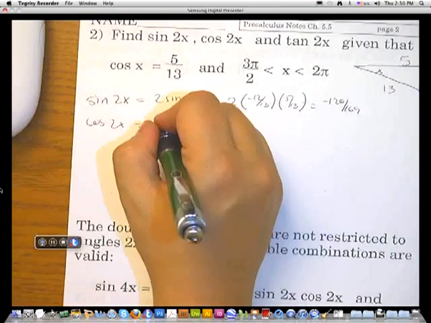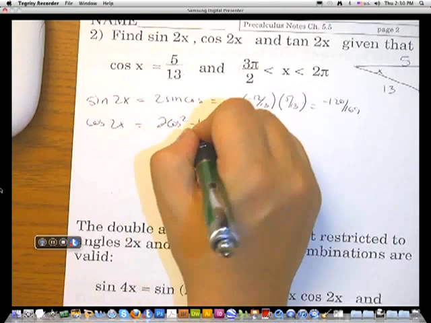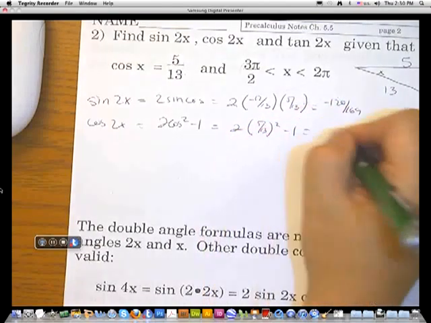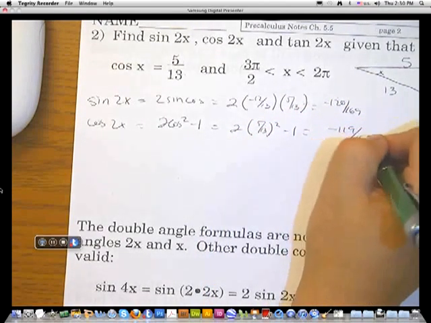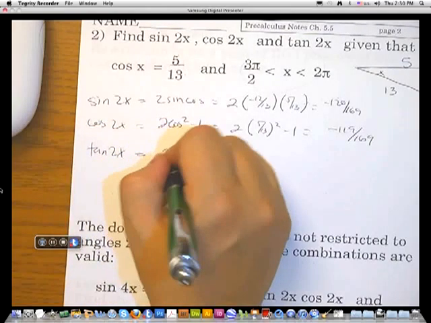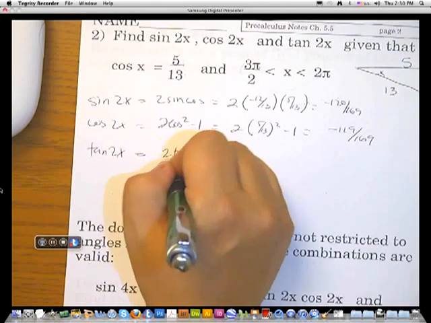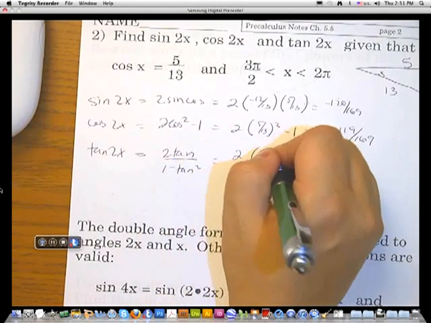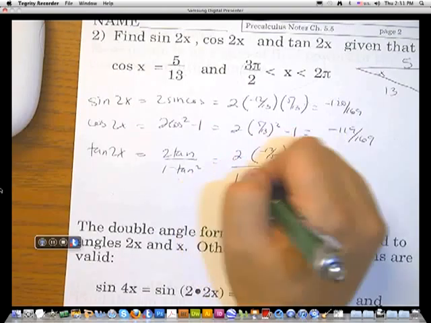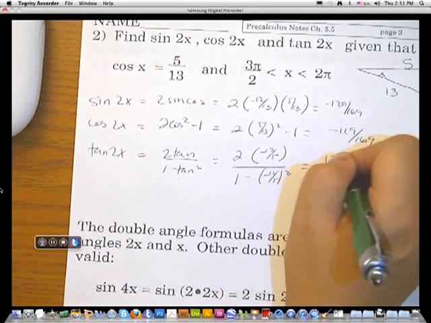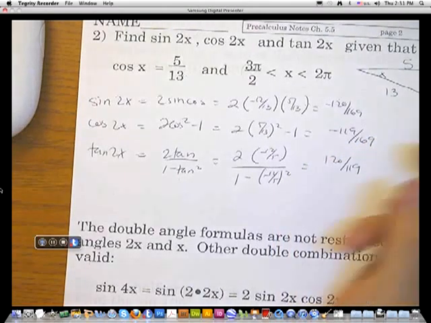Cosine of 2x is 2 cosine squared minus 1. So 2 times 5/13 squared minus 1. And the last one, double angle of tangent, is 2 tangent over 1 minus tangent squared. So 2 times -12/5 over 1 minus -12/5 squared is 120 over 119.